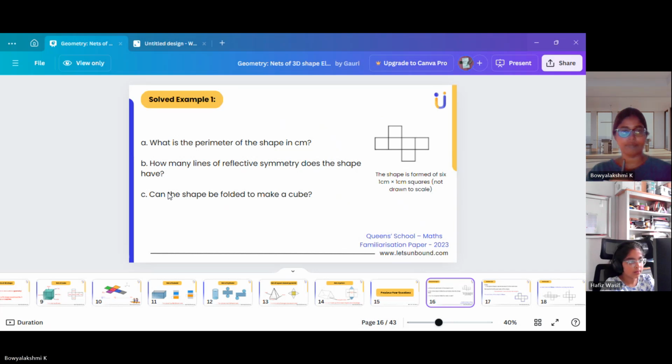Got it? Yeah. Okay. Then how many lines of reflective symmetry does the shape have? Reflective symmetry is like standing in front of a mirror. In the mirror, what will be reflected? Your image, exactly how we are looking, but in an opposite way, right? You will be facing northwards, and it will be facing the opposite direction.